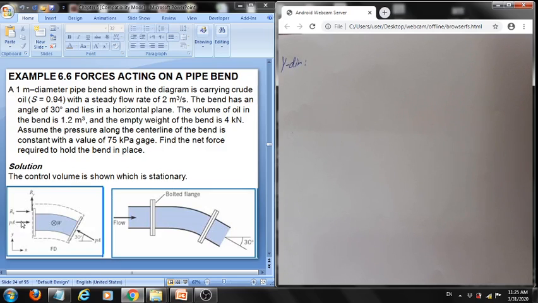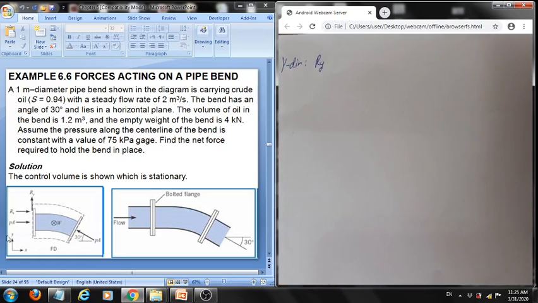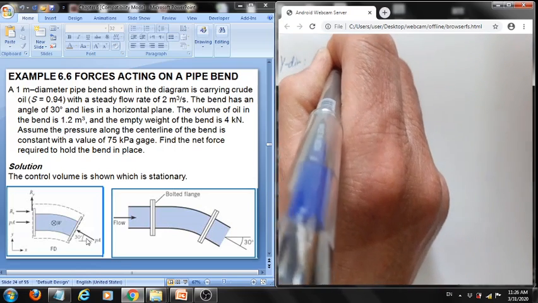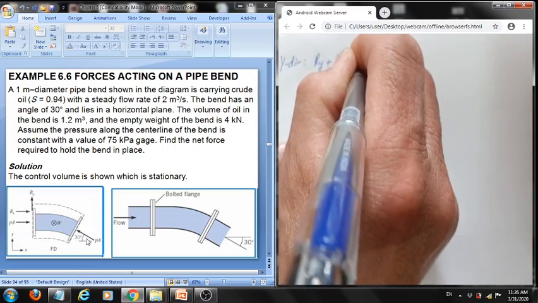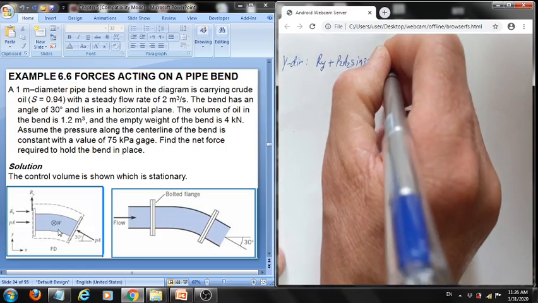Notice that the pressure force does not contribute anything to the y direction, so we have Ry. We assume it to be in the positive direction. Also at the exit we have this component, which is in the y direction, so we have plus P2 A2 sine 30. There are no more forces acting in the y direction, equal to steady plus.